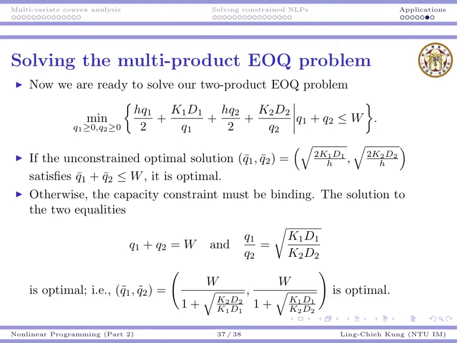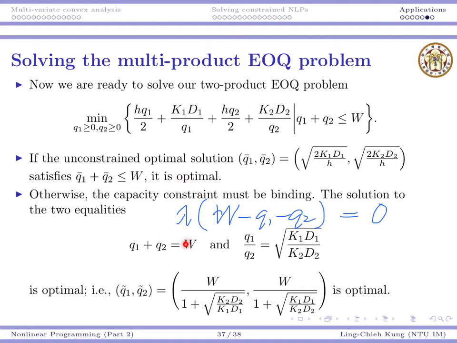If you think about the KKT condition, for example, the complementary slackness part, we know that lambda times (W minus Q1 minus Q2) must be 0, right? In this case, what may we say?